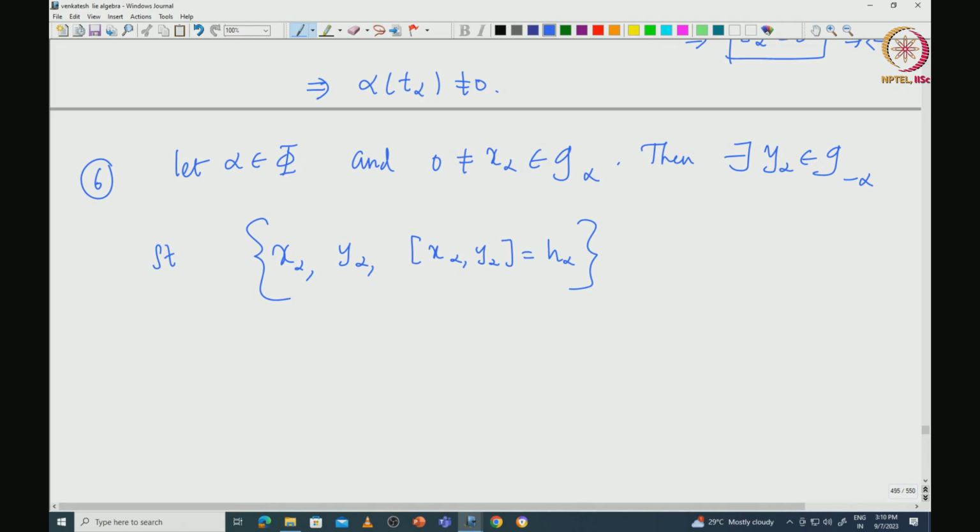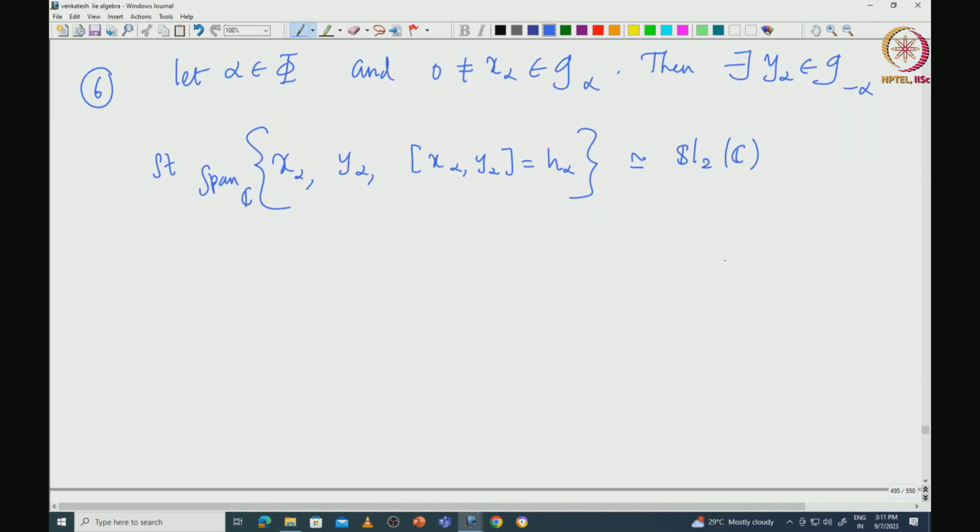So, what is the meaning of this? The span of this is naturally isomorphic to SL2 of C. This isomorphism is given very explicitly by sending x alpha to the upper triangular matrix with rows 0 1 and 0 0, y alpha to the lower triangular matrix 0 0 and 1 0, and H alpha to the diagonal matrix 1, minus 1.